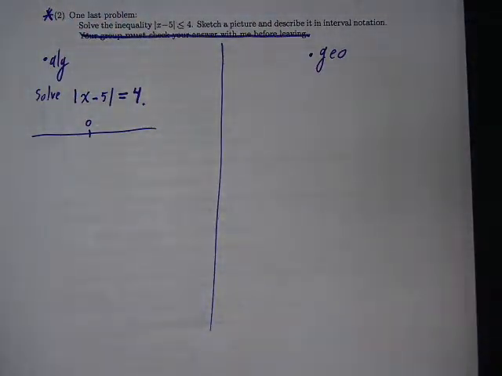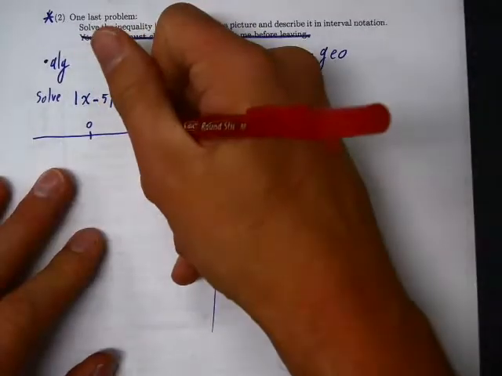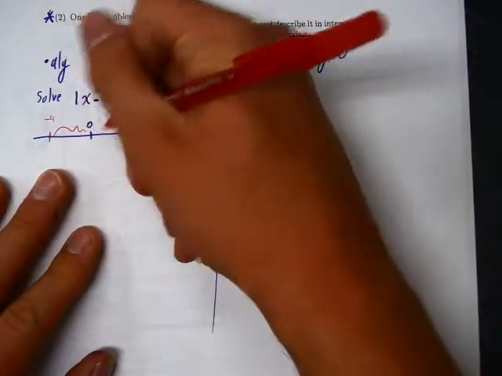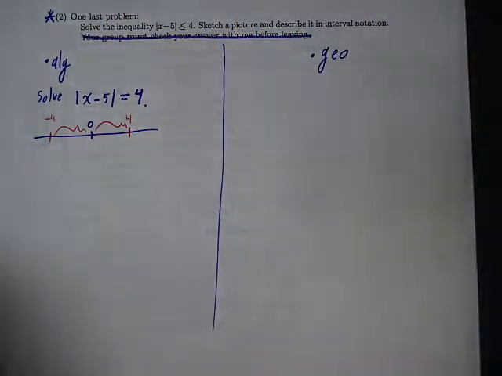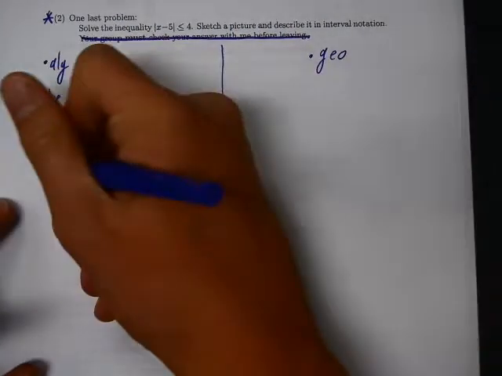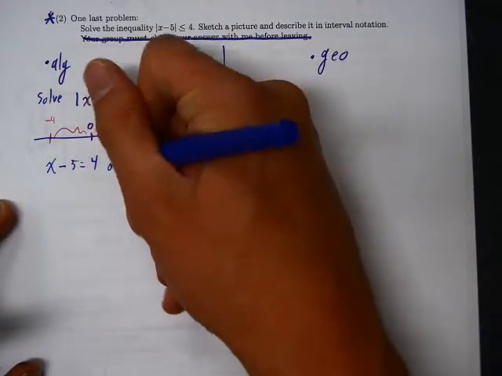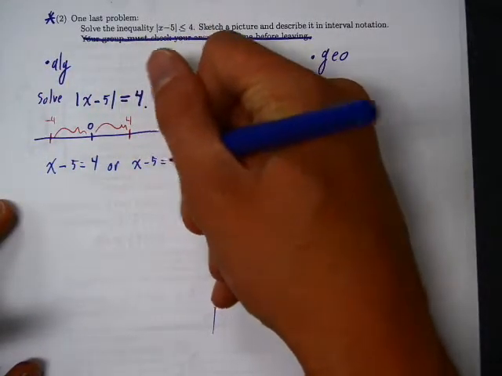What numbers are there that are exactly 4 units away from 0? Negative 4 and 4, that's it. There's 4, there's negative 4, that's a distance of 4, that's a distance of 4, and that's it. So I'll wind up saying this thing inside the absolute value bars, x minus 5, must be 4, or x minus 5 must be negative 4.